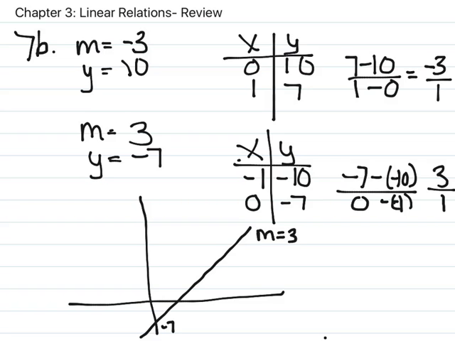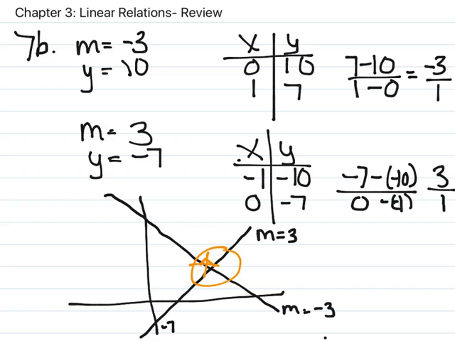Whereas the other one has a y-intercept of positive 10 and a slope of negative 3. So it would look something like this, with m being negative 3. Something worth noting is that this will not form a right angle. Even though it switched signs, it did not invert the slope.